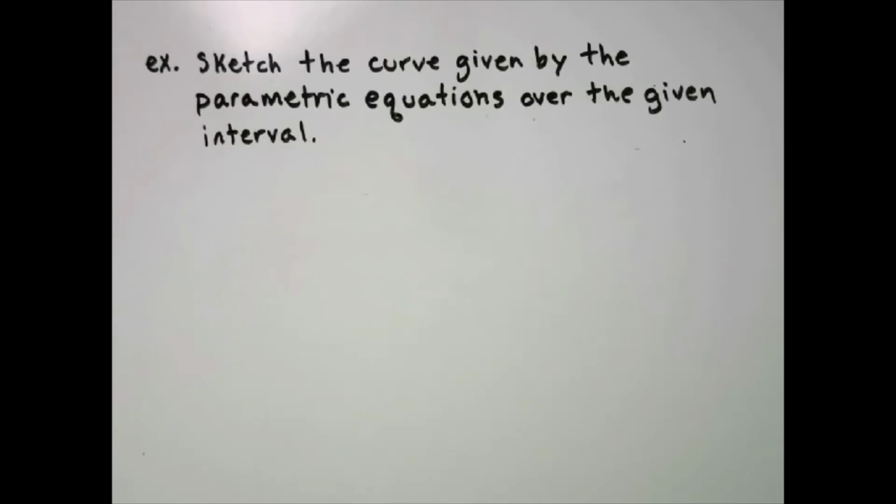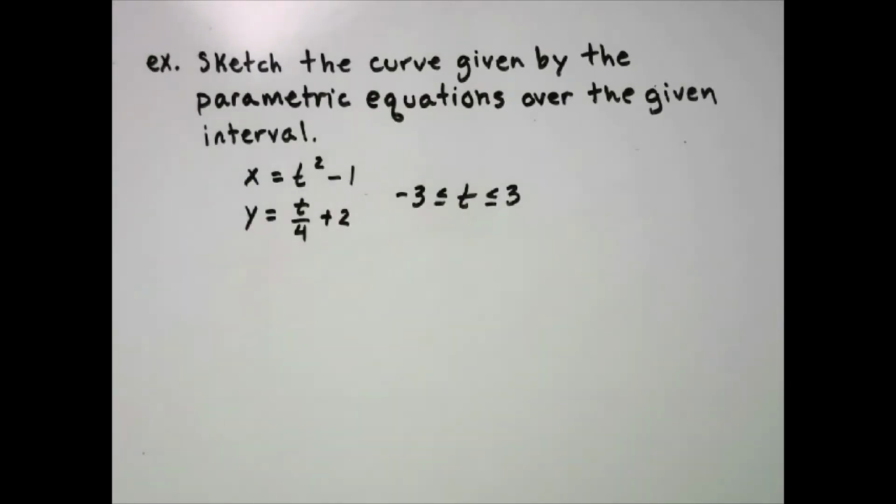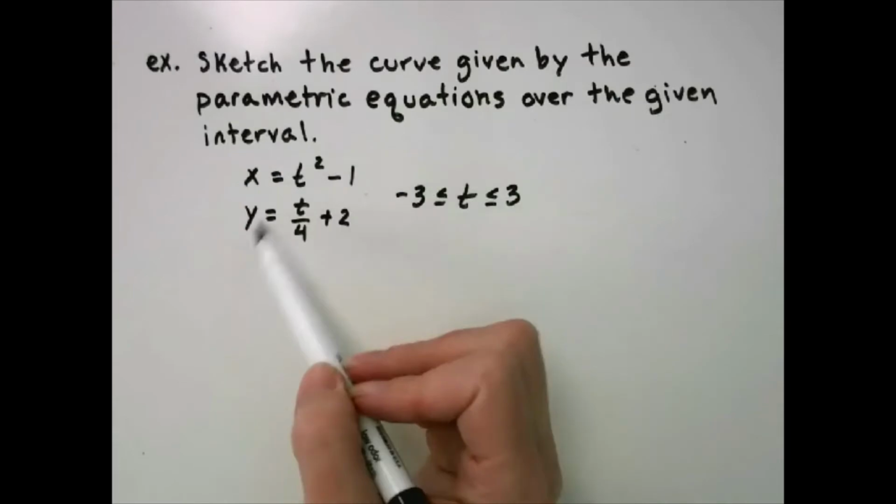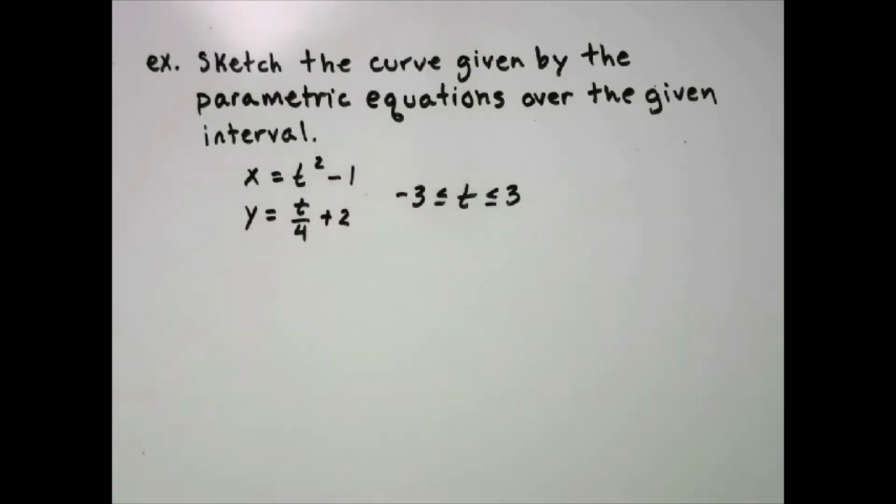Okay, so we're going to sketch the curve given by the parametric equations over the given interval. So our parametric equations, this is how they look. You have an x equation in terms of t and a y equation in terms of t.